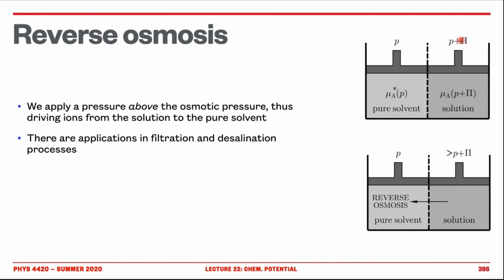So so long as your pressure is at least the osmotic pressure, but it should be a bit more, then you will start to reverse the system. It's called reverse osmosis. And it's actually a very important effect that's used in desalination and filtration processes, and it's more and more important, especially now that we need fresh water, getting rid of the salt.